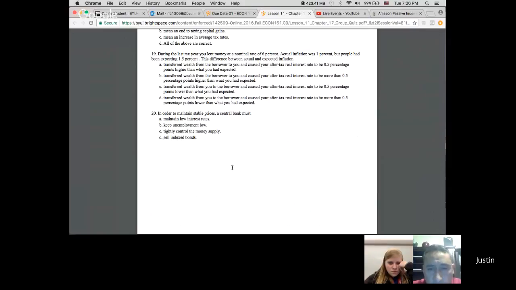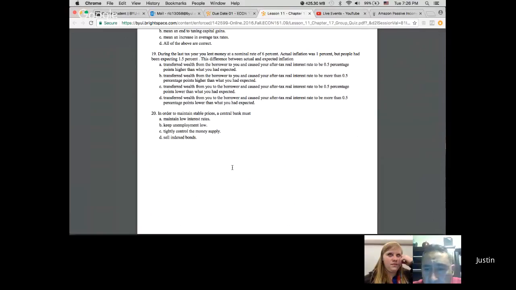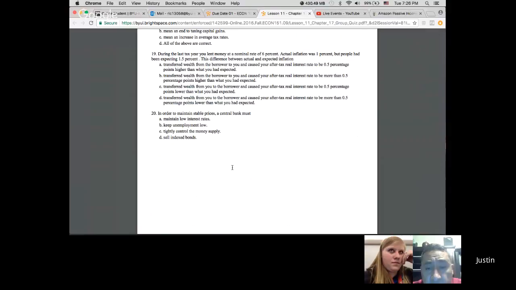This one I wouldn't be able to tell you exactly why. Well, it goes to say, if you look at the nominal rate, we know the nominal equals inflation plus real interest, right? Real interest equals nominal interest minus inflation.